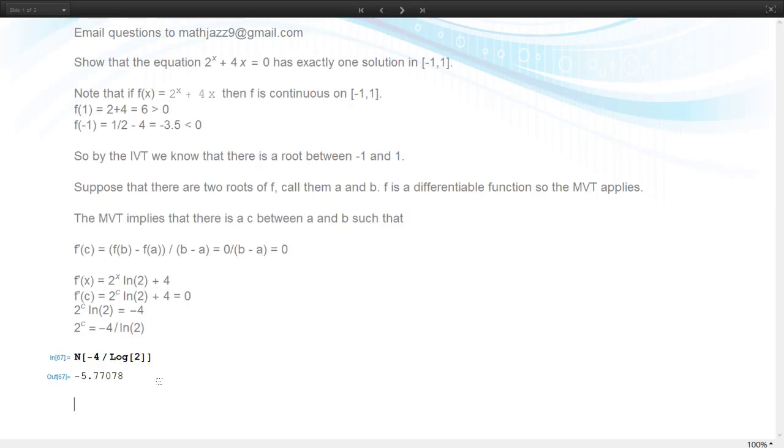That might have sounded a little disjointed to everyone. 2 to the c has a horizontal asymptote at 0. It's always positive. There's no real power of 2 that is negative. But somehow 2 to the c is negative. That's not possible. So we have a contradiction.